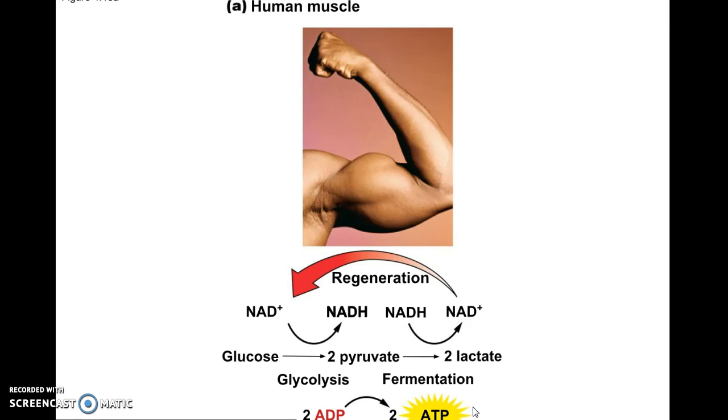If you go in the slideshow, if you're interested, there's a great Scientific American article looking at the evolutionary adaptation of this lactic acid pathway, and why lactic acid builds up in our muscles when we're running, and that causes that initial burn, right?